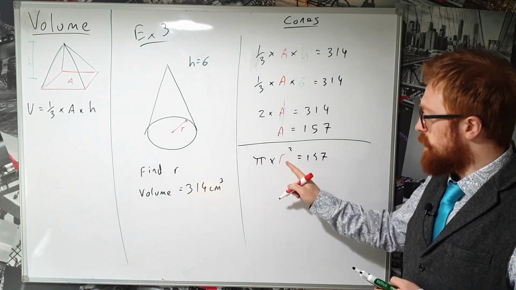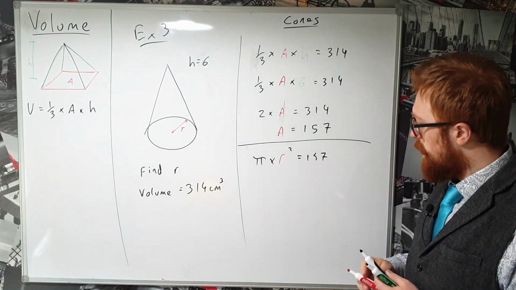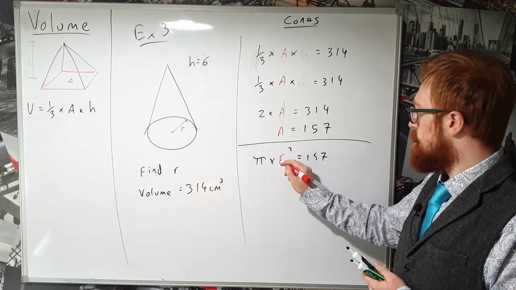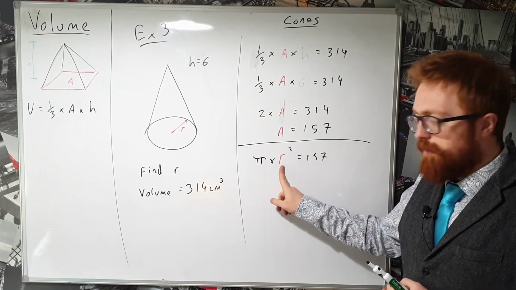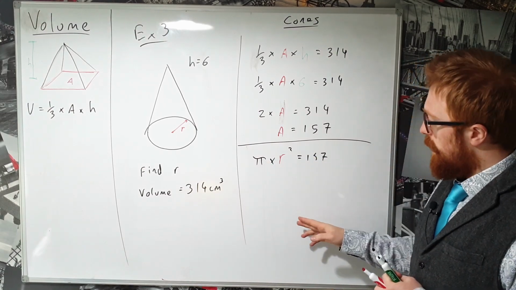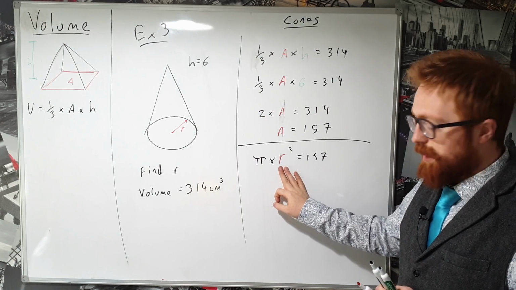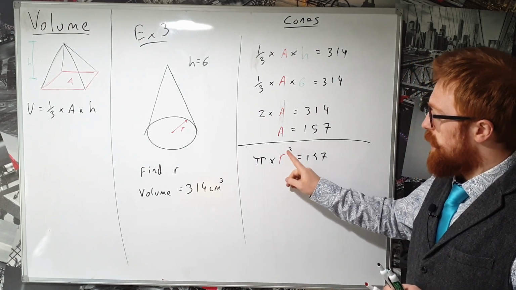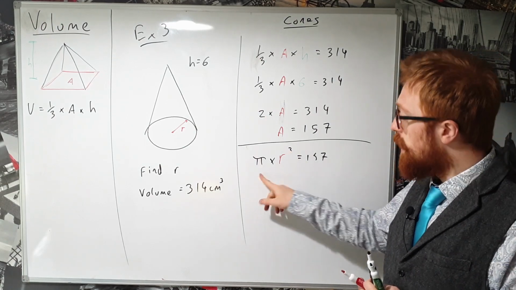So now we just need to solve this equation to work out what r is. So we want to get r on its own, which means we need to get rid of the pi and we need to get rid of the squared. Now again, a really common mistake that I see some students do is they square root first and then forget to square root the pi.